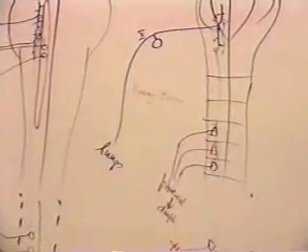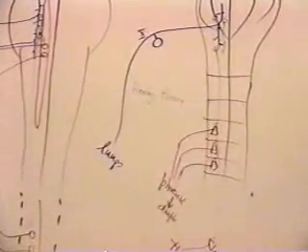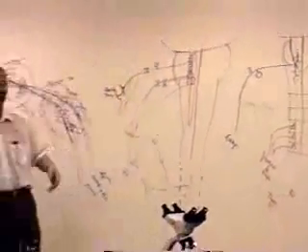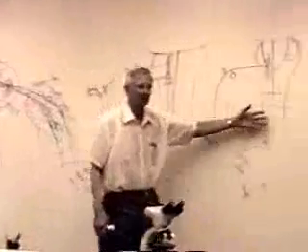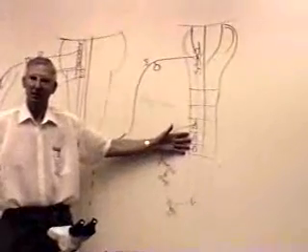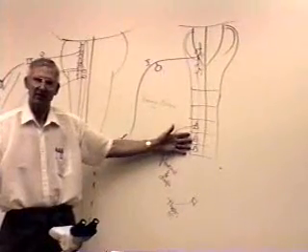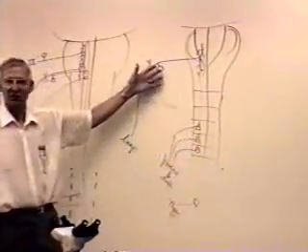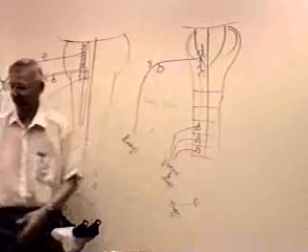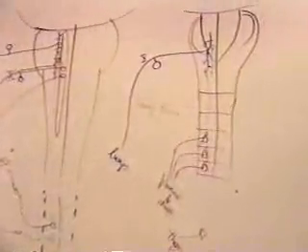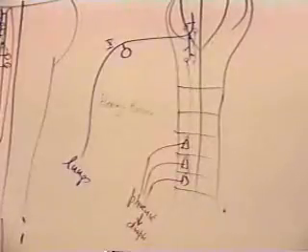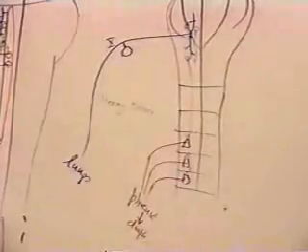If we increase CO2 concentration, we increase the rate by driving the inhaling side faster than the inhibition can cut it off. So we have these two major ways of manipulating the Herring-Breuer reflex.